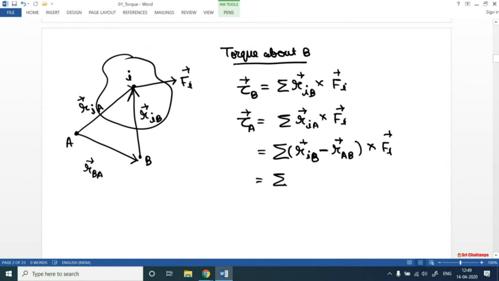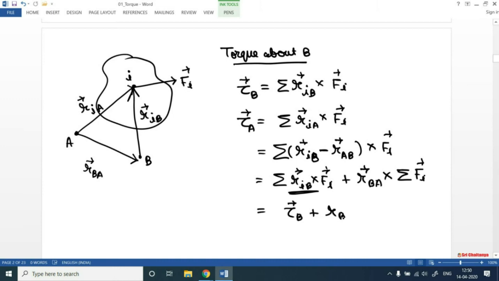And this, when we expand, will become Ri cross Fi plus RAB, we will be writing it as minus RAB, we will be writing it as RBA. Cross RBA is a constant, so it will come out of the summation of Fi. So this quantity over here is nothing but torque about point B. So tau B plus RBA cross, and this quantity is nothing but the net force over here.